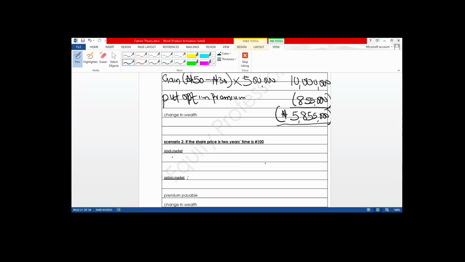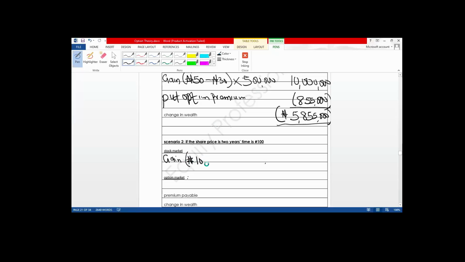Scenario 2. If the share price in 2 years' time is 100 naira, what is currently worth 60 naira, the value has increased to 100 naira. That means our investment at the stock market has appreciated. Look at it: gain at the stock market.